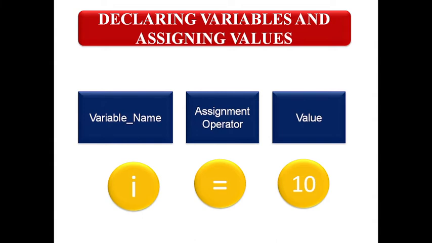Here I am not mentioning any data type. I only declare the variable name, give the assignment operator, and the value 10. Automatically the Python interpreter will identify that this variable is of the integer data type.